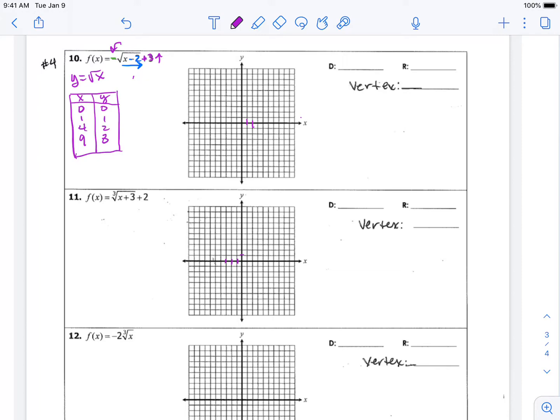So when I do that, I'm going to build a new y part of my table, and I'm going to say, well, I'm really taking -1 times y. So I change all my y values. So I'm taking -1 times 0, which is 0, -1 times 1 is -1, -1 times 2 is -2, and -1 times 3 is -3.